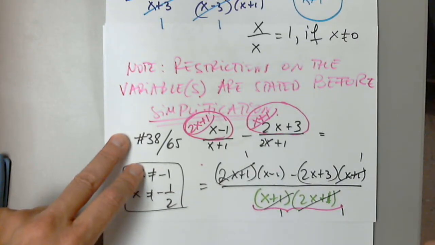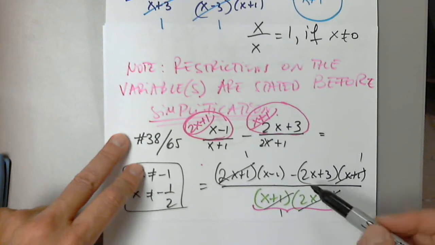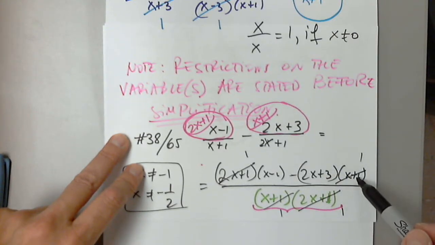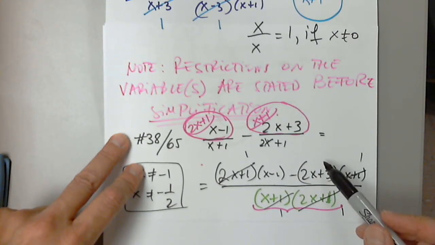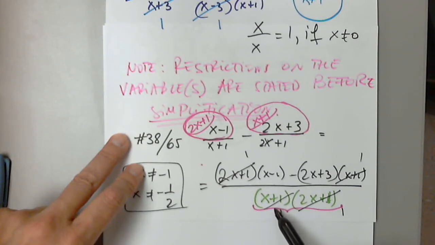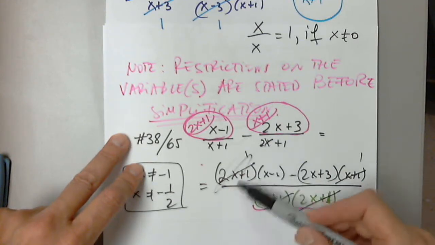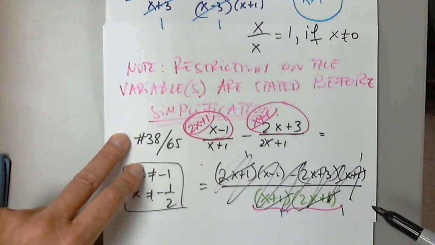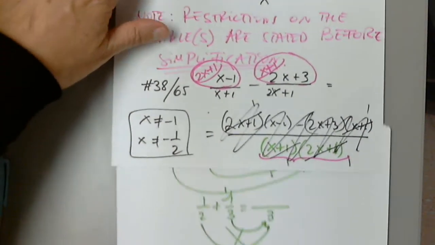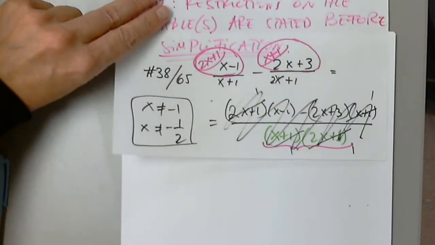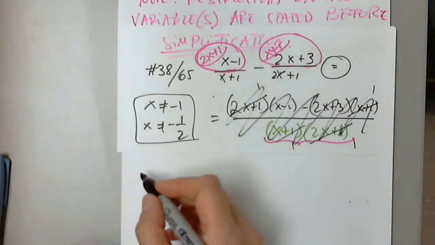It's tempting, isn't it? But I can't do that, right? Because this is a factor, but it's part of a term. And this is a factor, but this is a term. So that's the reason why I never write this. If you know what you're doing, you can. Instead, I'm going to continue from here.